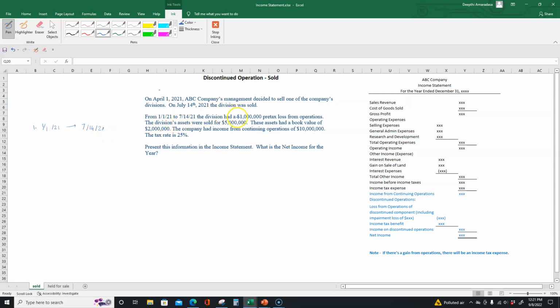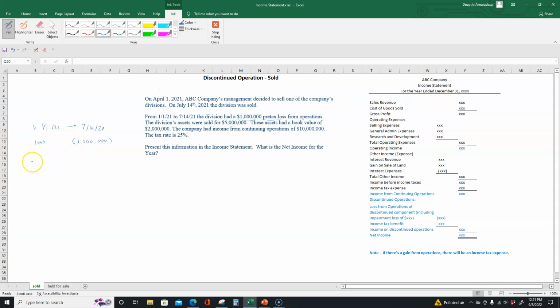They've told us that the division had $1 million of pre-tax losses. So let's go ahead and put that down. We've got a loss from discontinued operation of $1 million. I'm going to put that in parentheses so you remember that that is a loss. So that's the first thing.